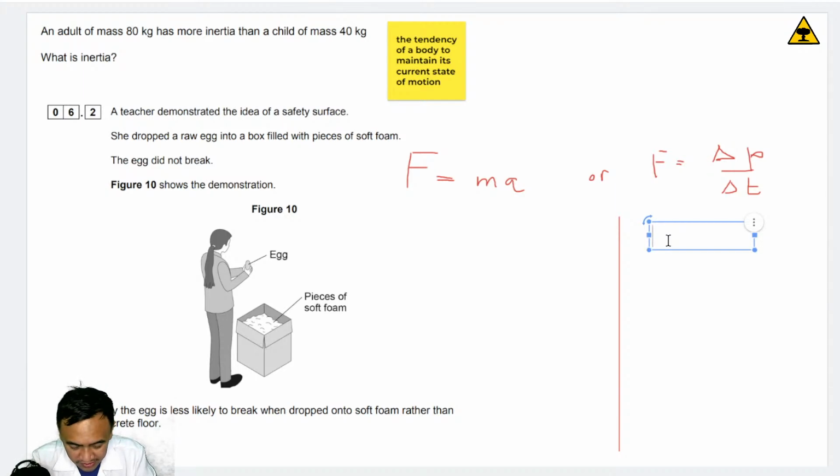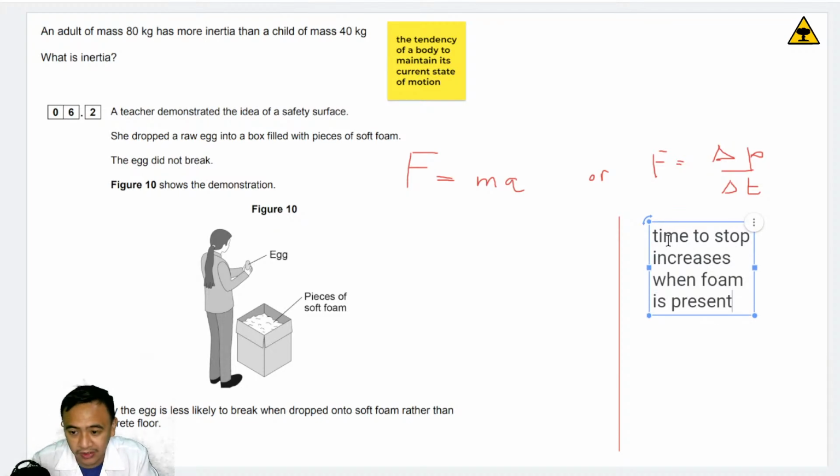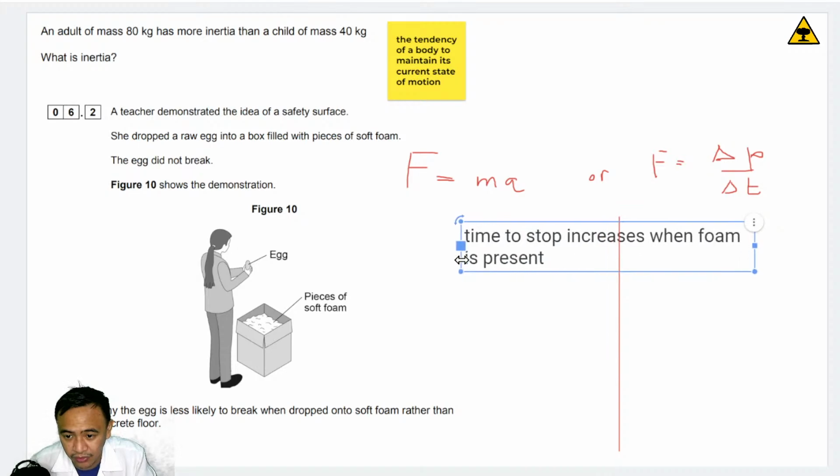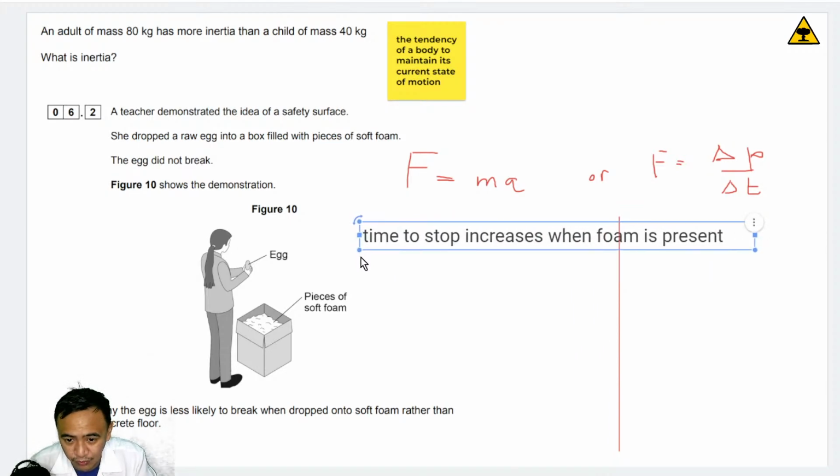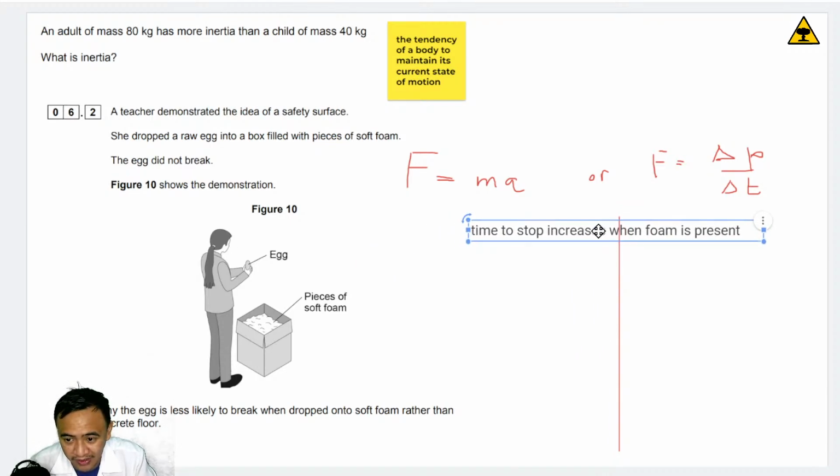Actually for both cases, the time to stop increases when foam is present, right? So that's the common answer in both cases. The time to stop will increase when the foam is present.